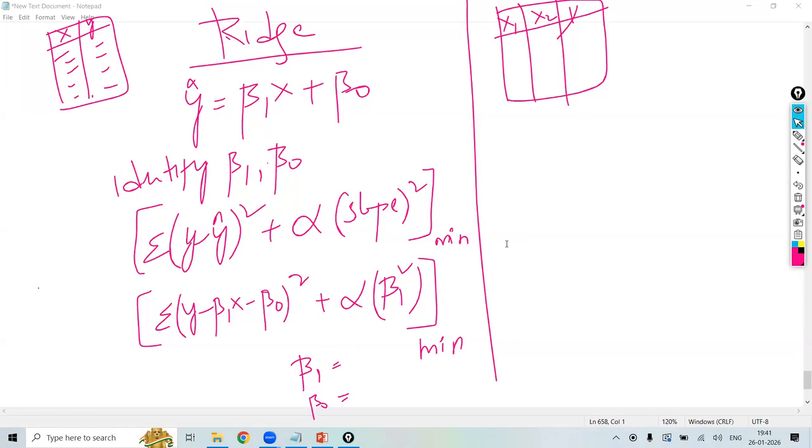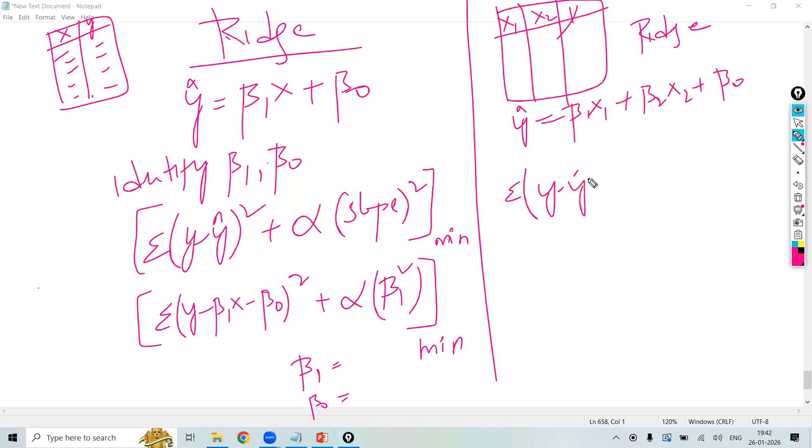Okay. Now, what is the equation for ridge? Y hat is equal to beta 1 x1 plus beta 2 x2 plus beta naught. Now, sum of y minus y hat whole square plus alpha into slope square.